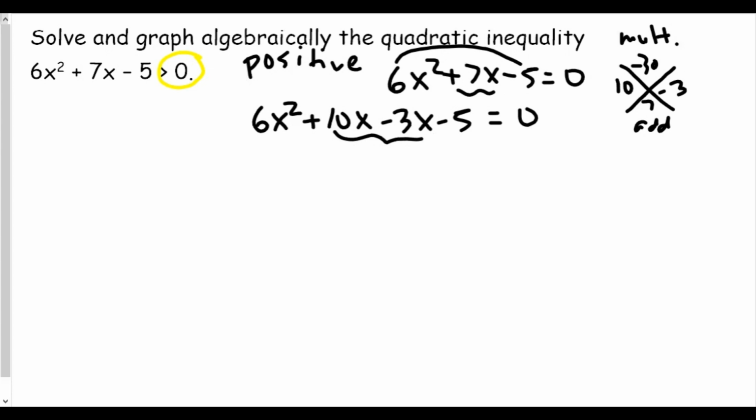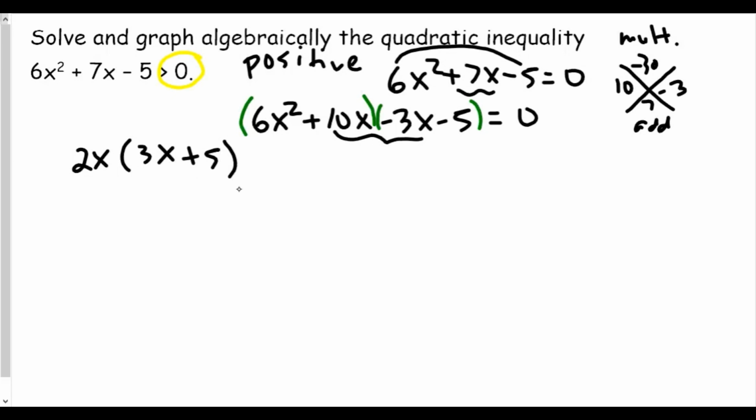We'll group together the 6x squared and 10x, and the negative 3x and the negative 5. In this case, we'll find the greatest common factor. So the greatest common factor between 6x squared and 10x becomes, I think, 2x. So we'll have 2x, and factoring out 2x from the 6x squared and 10x, we get 3x plus 5.